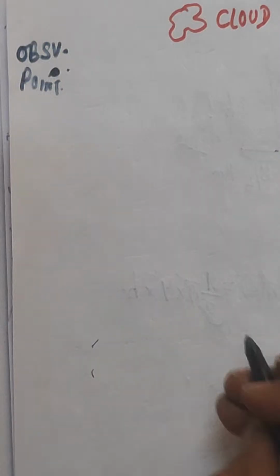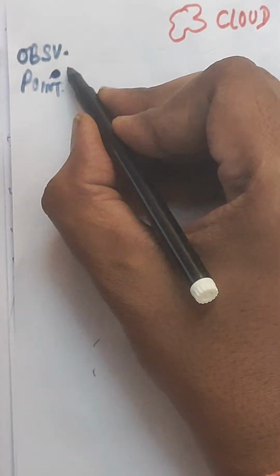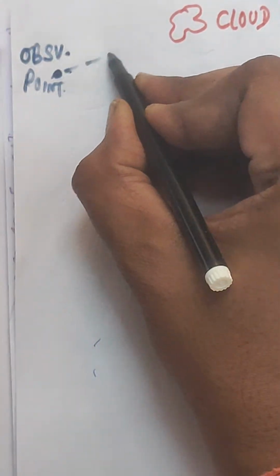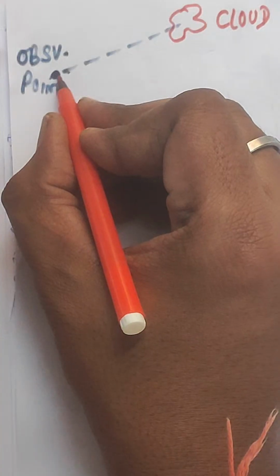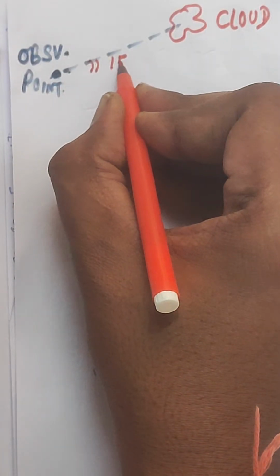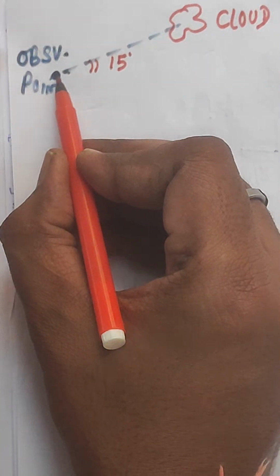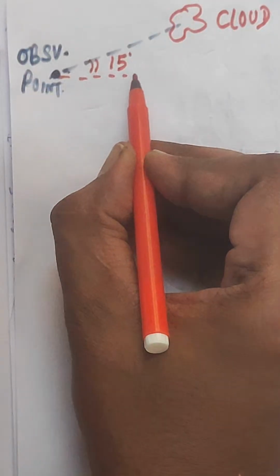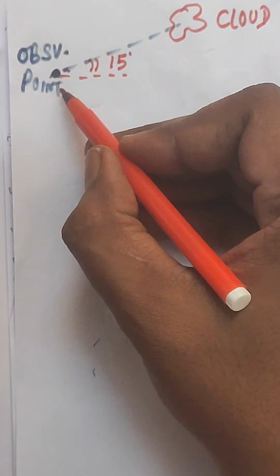From here, the angle of elevation to the cloud is given, and that is 15 degree. This observation is made from a height.